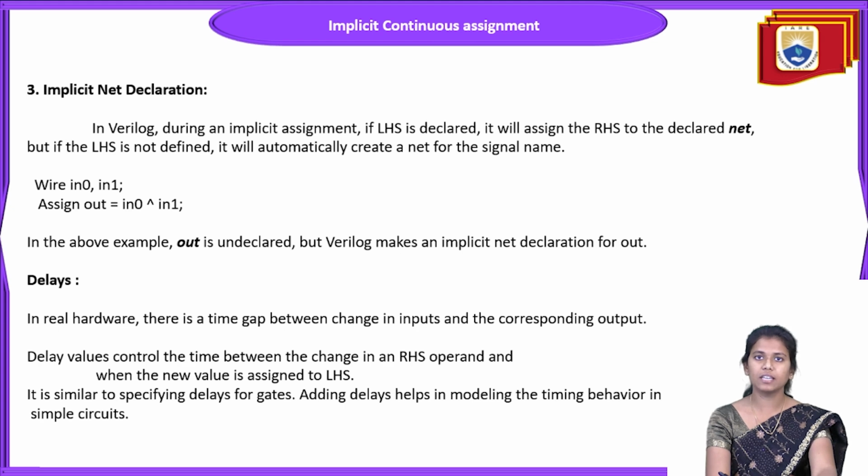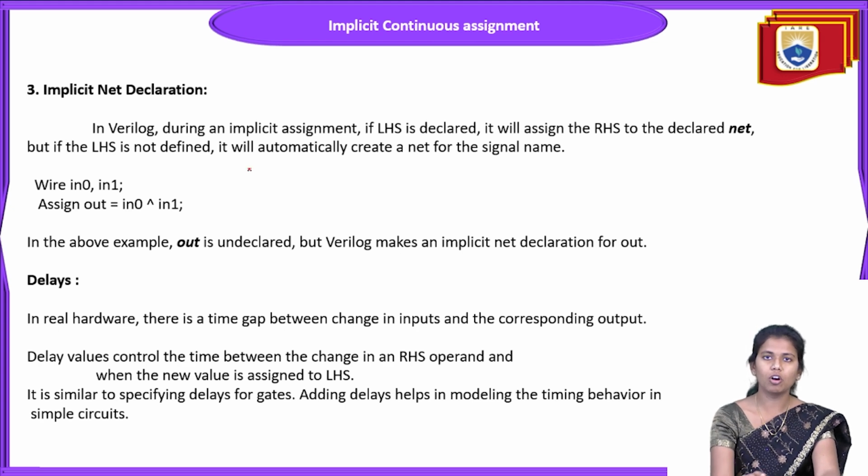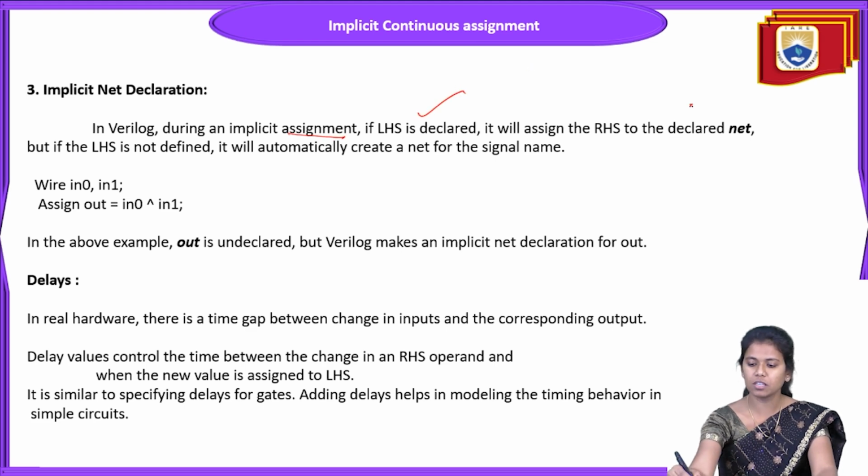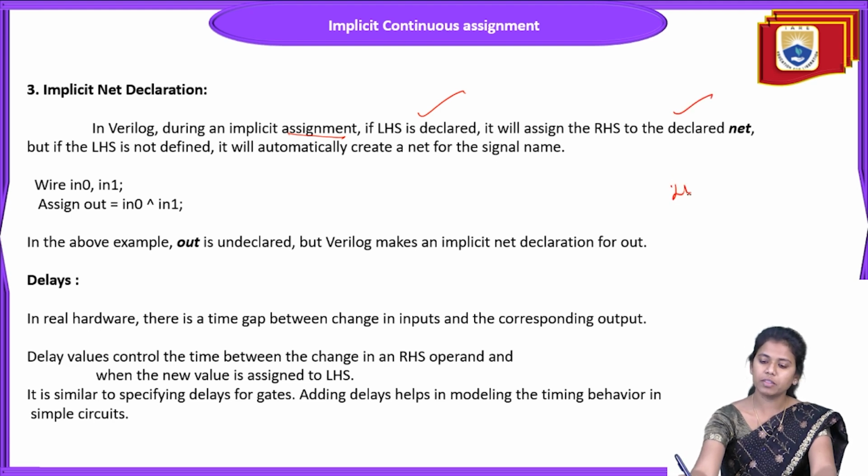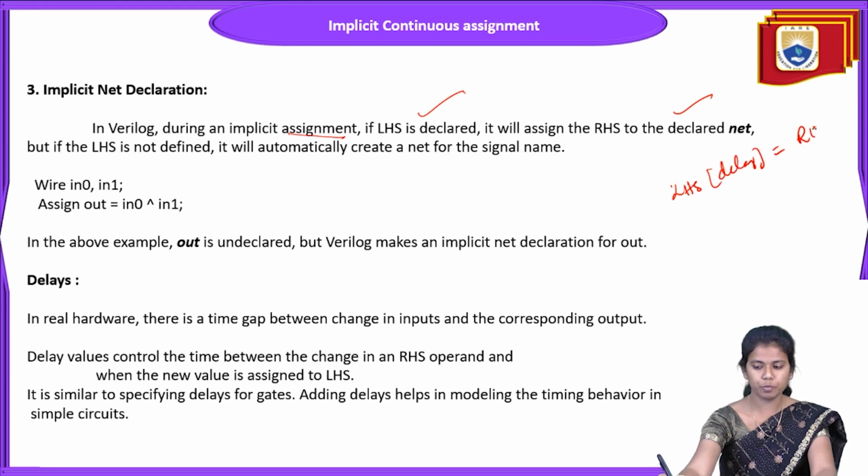Coming to implicit net declaration. In Verilog, during the implicit net assignment, the LHS is declared and it will assign the RHS to the declared net. In a continuous assignment statement, there is an LHS followed by a delay, and an RHS followed by the output, right?